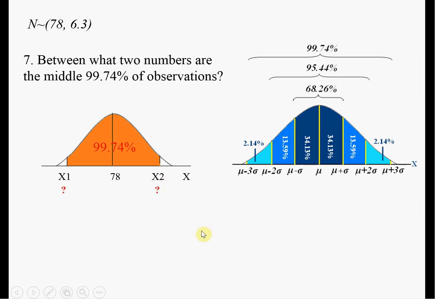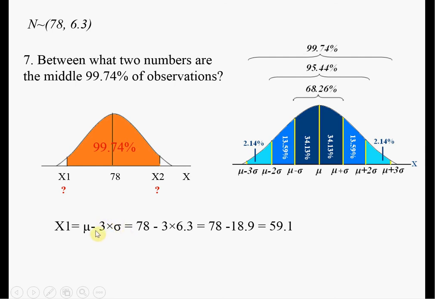We need to figure out how to calculate the actual value of x1 and the actual value of x2. What we know here is that x1 is 3 standard deviations below the mean, and that makes us do this calculation. x1 is mean minus 3 times standard deviation.